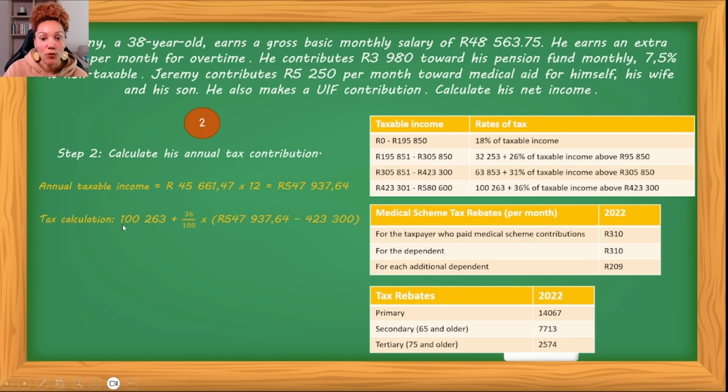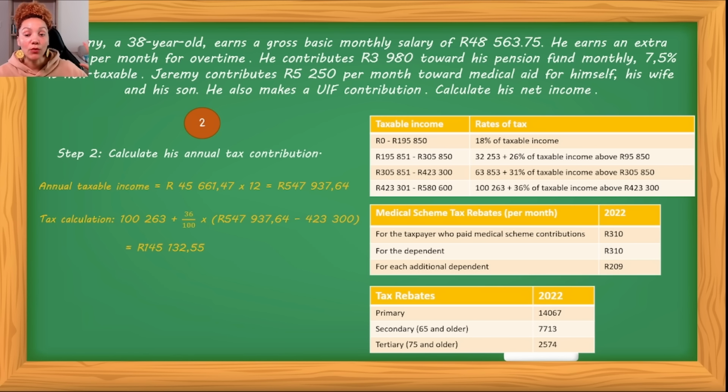So this will give me 100,263 plus 36% of the actual earnings minus the value that's given in the table. That will then give us a total tax payment of 145,132.55.